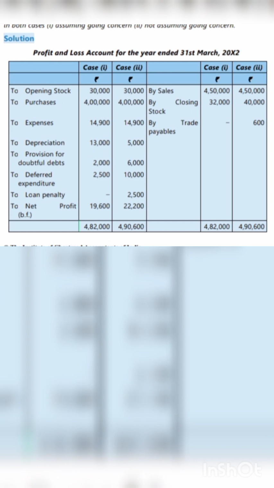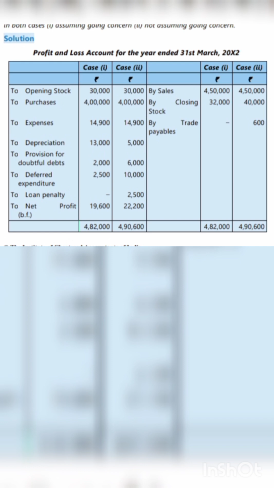Then, in the expense column, purchases is rupees 4 lakh. This is taken from point B of the additional requirement.